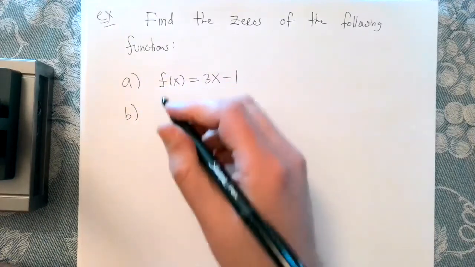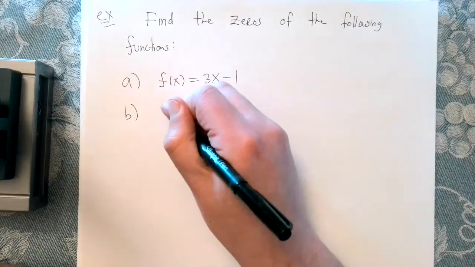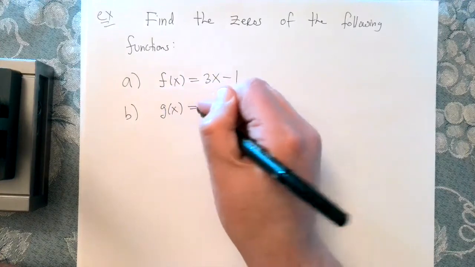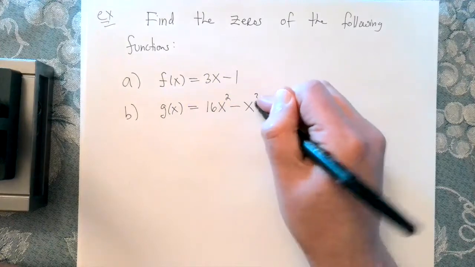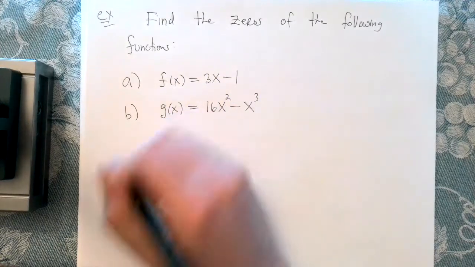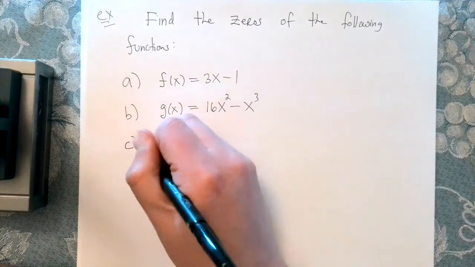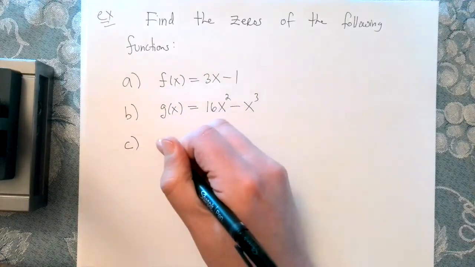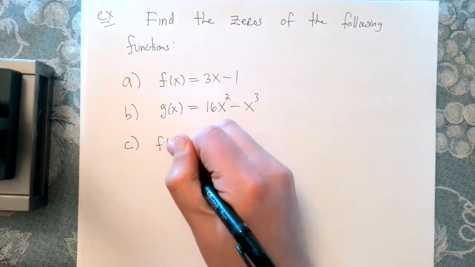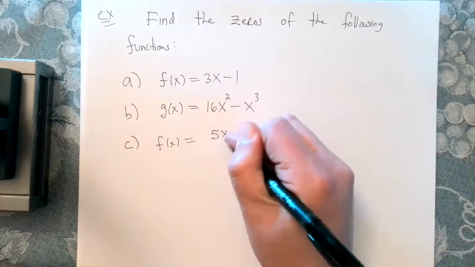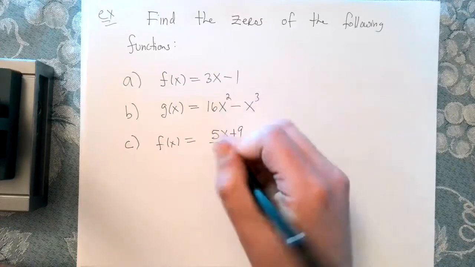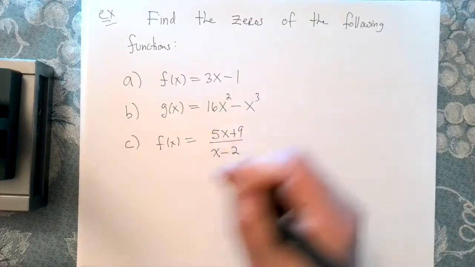Let's say the second function is g of x equals 16x squared minus x cubed. Let's say the next function is f of x equals (5x plus 9) over (x minus 2).